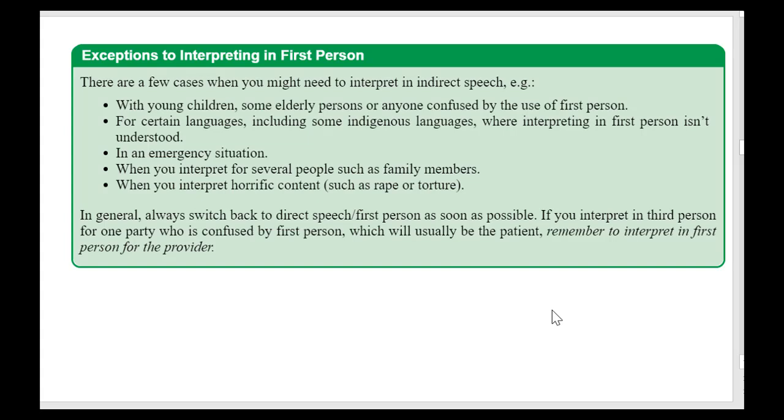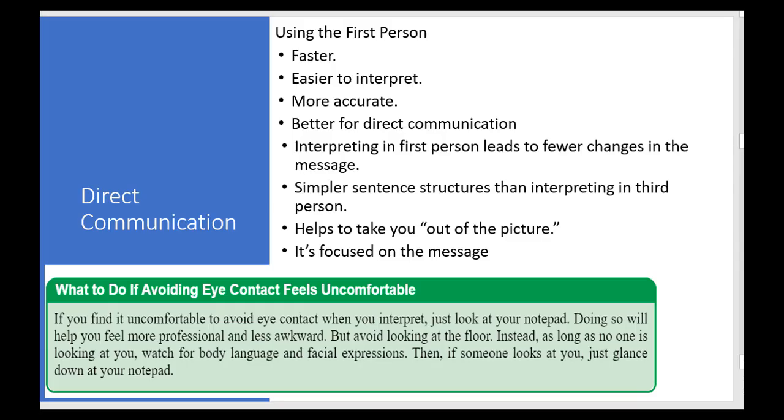So the rule is interpret in the first person. The reason why we want to interpret in the first person is because it helps with accuracy, it's easier to interpret, and it's better for direct communication.